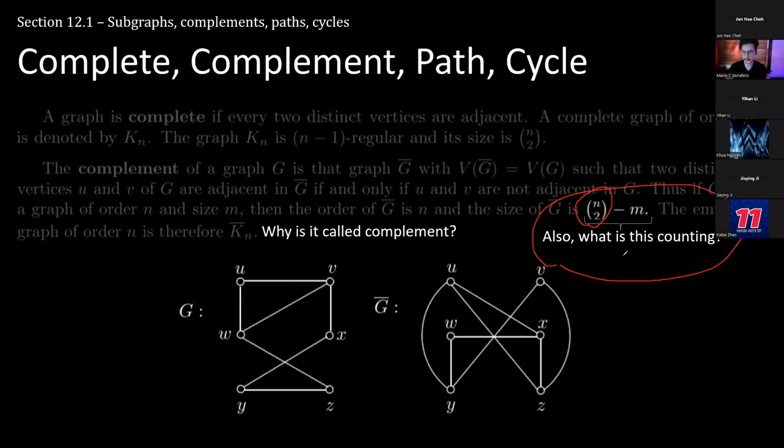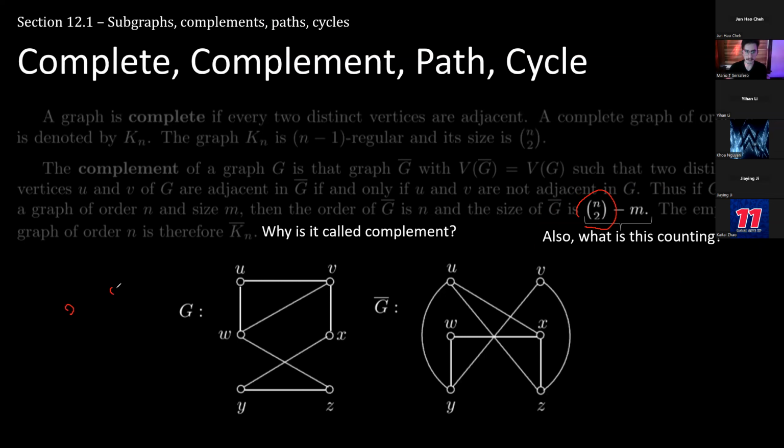So someone sent a direct message: ways you can combine edges. Yeah, so kind of. So the n choose 2 is the number of ways, given a vertex set, how many possible edges between those vertices can you have?